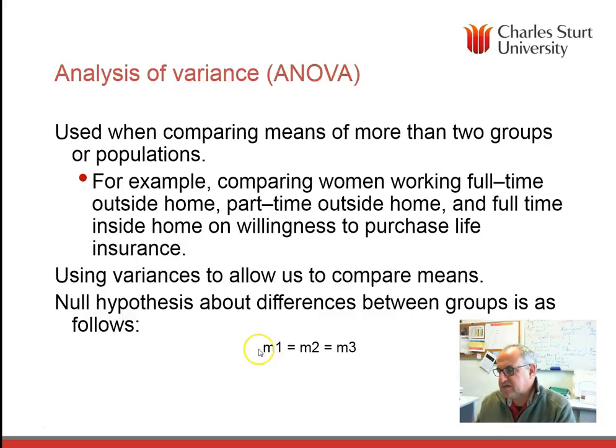For the null to be rejected, the variability within each of these groups must be less than the variability across the groups. If you've got a lot of variation within each group, it will be harder to find variation across the groups.